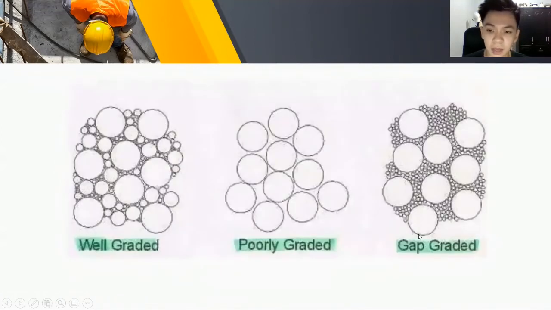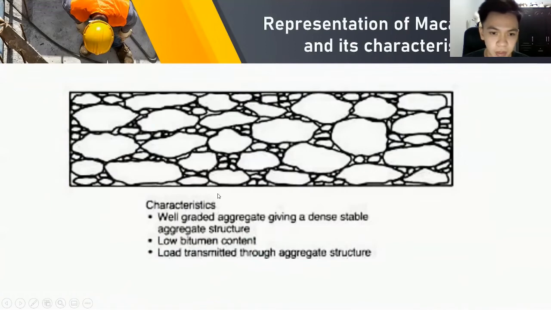Meron tayong tinatawag na gap-graded, poorly graded. I-analyze nyo na lang. Tapos, si well-graded, meron tayong size na malaki, medium, tapos maliit, tsaka yung medyo maliliit na masyado. Yan, well-graded aggregate. So, low bitumen content. Konti lang yung bitumen niya. Tapos, low transmitted through aggregate structure.